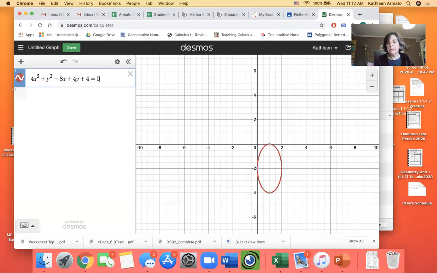That's an ellipse. So there's going to be two places where I have horizontal tangent lines, right up here at (1, 0) and at (1, -4). And I will have vertical tangent lines right here at (2, -2) and at (0, -2). So that's what I should be ending up with. Let's see if we can do it.